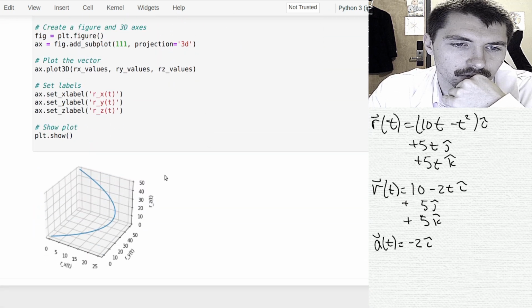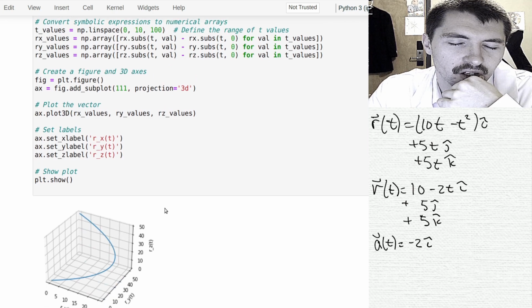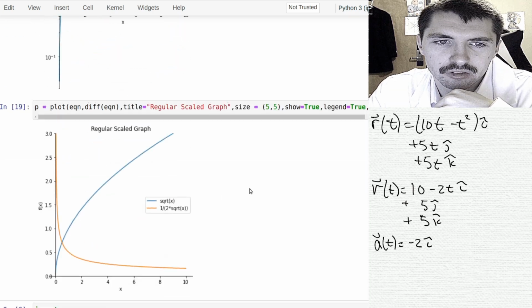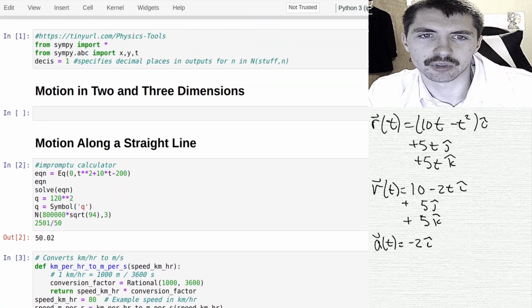Hmm, I mean, it kind of looks like the graph. It's kind of hard to see. I know there's a way in SymPy where you can make it an interactive graph, but that might take a couple hours for me to get working.